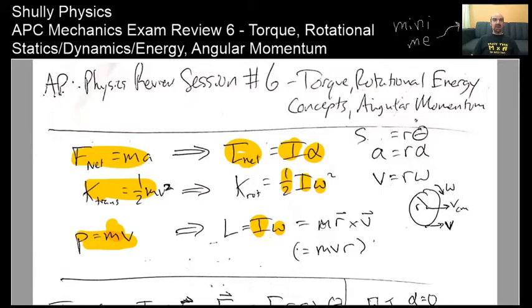Now for a point mass that is rotating about a body, think like a planet around the sun, or an object on a string that's rotating, or it could be an object that's not even attached to a rotational axis, but maybe in the very near future is going to be attached somehow.